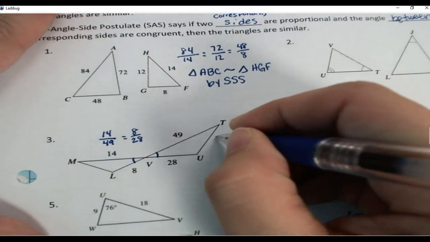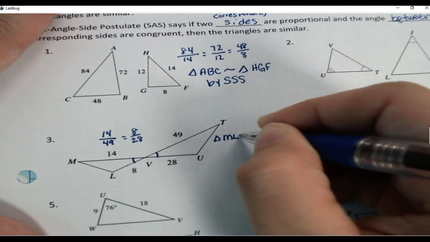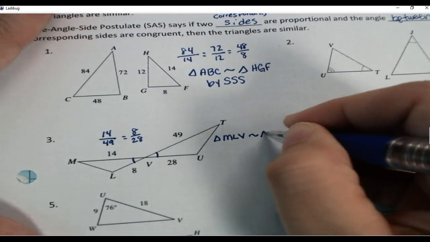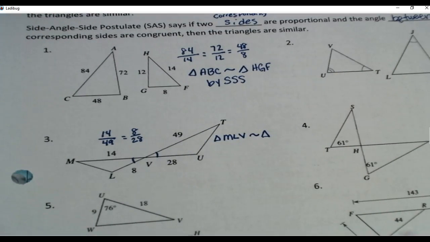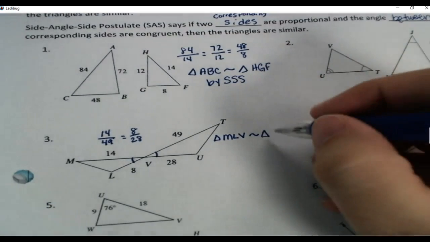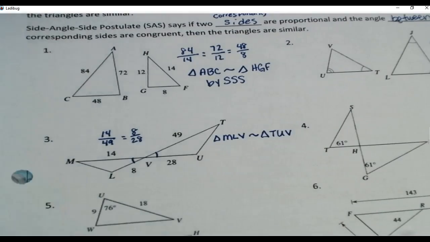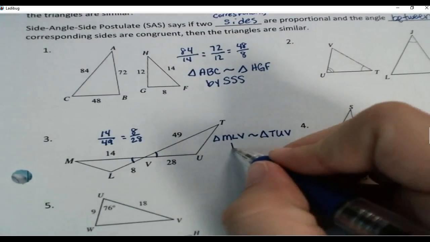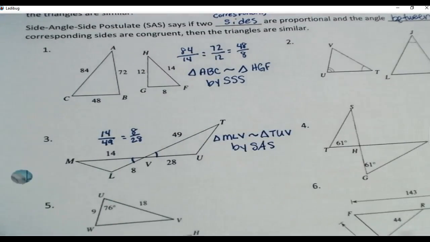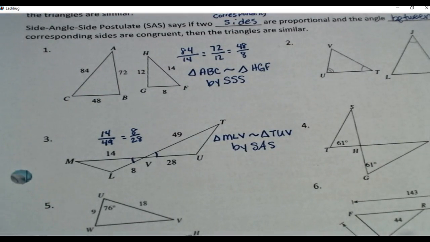So then I can say triangle MLV similar to triangle what? Good. TUV. Perfect. And we know that by side-angle-side. Questions?